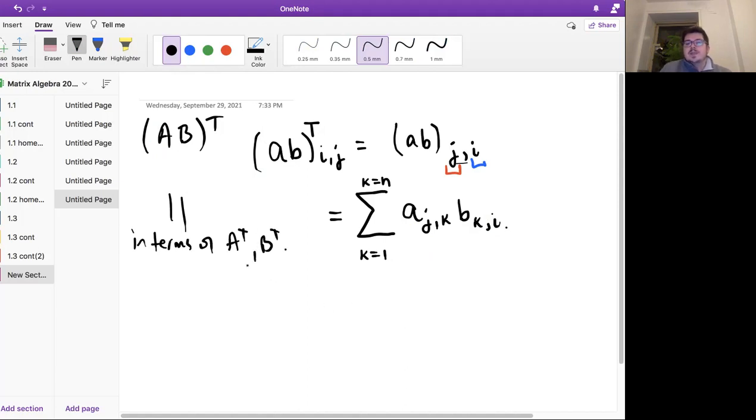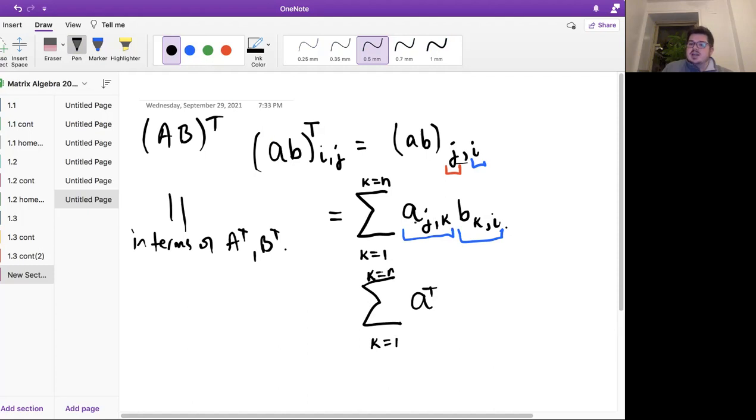So notice, let's try to do it. If I took the transpose, what are these in terms of the transpose of their respective matrices? If I want to reword this in terms of transpose elements, what is AJK in terms of the transpose of the matrix? What entry is JK in the transpose?